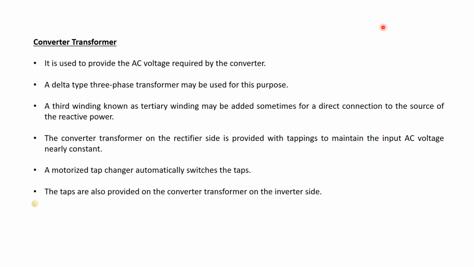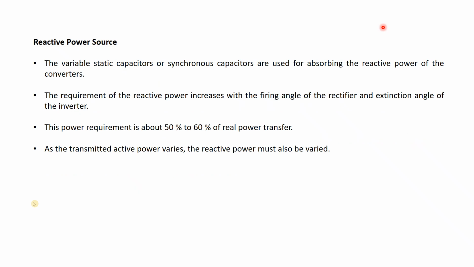As I've told you, the transformer is transforming the voltage from high to low and low to high. Then this changing of phases, that means three phase to single phase, is also required. That is why these tappings are used.